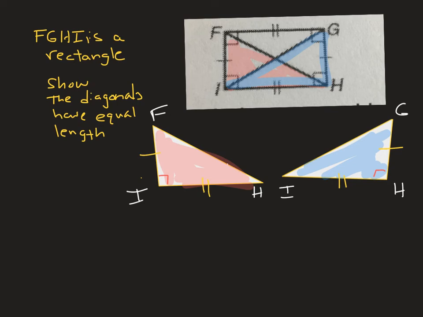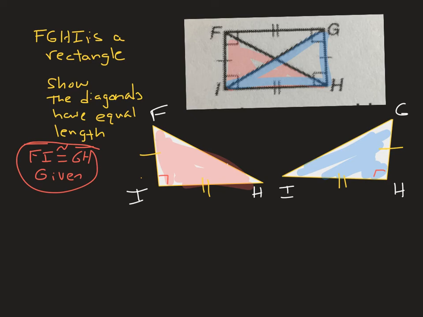So we're going to say, okay, let's make our list. And so we're going to have side, angle, side, and let's just go in that order. So the first statement that we're going to say is FI is congruent to GH, and that was given to us, but in the picture it's marked as congruent.